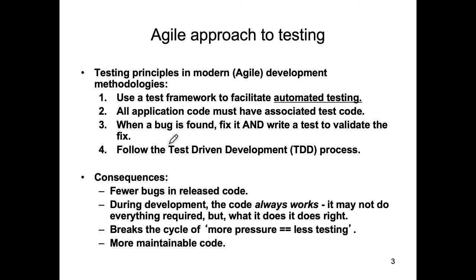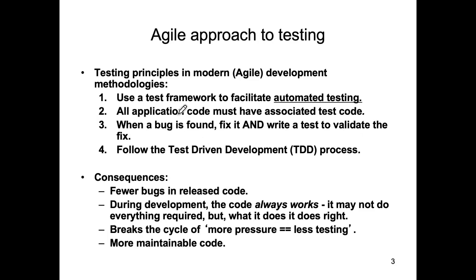It's this idea of writing your tests before you actually write the application code. That sounds like an odd thing to do, but there is sense behind it. The term is test-driven development, as in we write our tests and they drive the development of the application code.